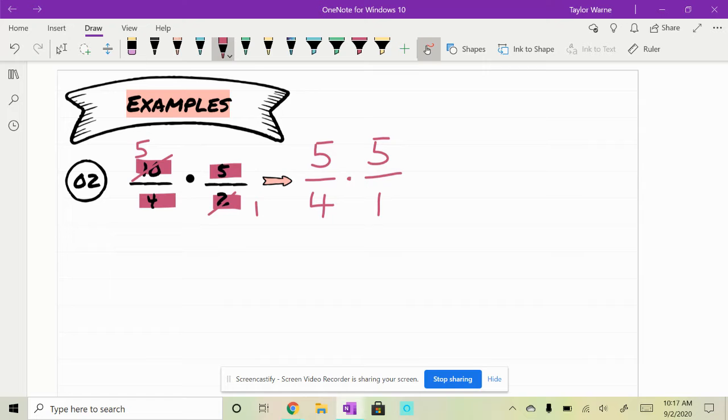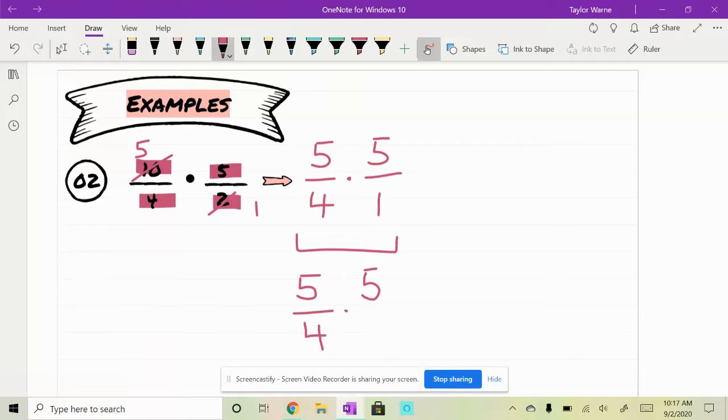So another way to write this multiplication problem, you could just write 5 divided by 4 multiplied by 5. However, just to get used to multiplying your numerators by each other, your denominators by each other, I'm going to use the top version. However, this bottom version is acceptable as well, and your whole number just is considered the numerator, and you would just keep the denominator from your second fraction.